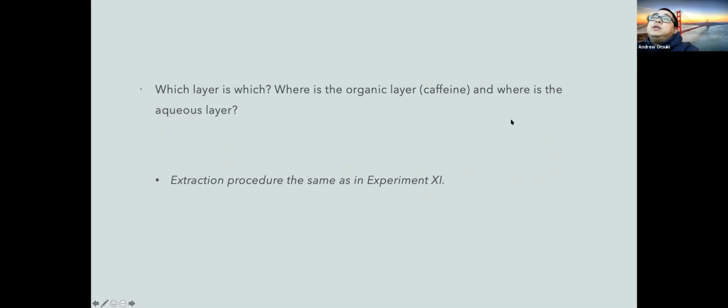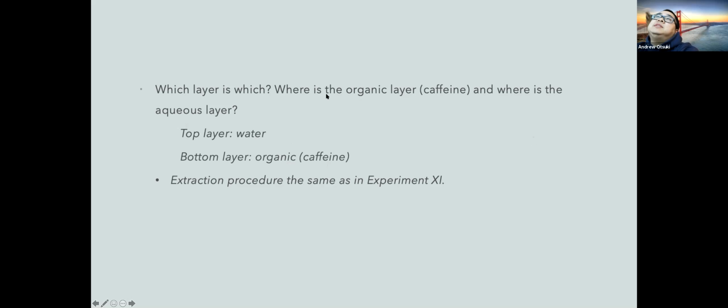Remember, if something's more dense, it'll be heavier, so it'll sink to the bottom due to gravity. So in this case, the aqueous layer will be the top layer, and the bottom layer will be our organic, which has the DCE. So the top layer will be water, and the bottom layer is our organic layer, with the caffeine.